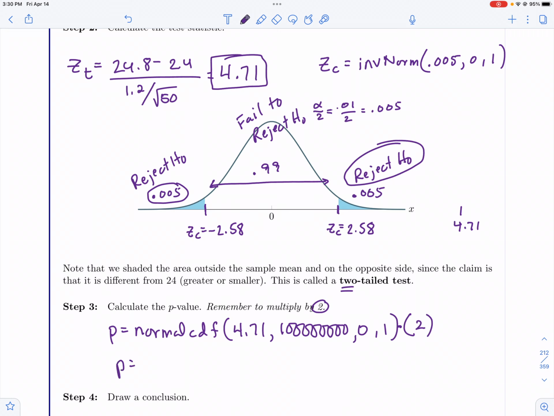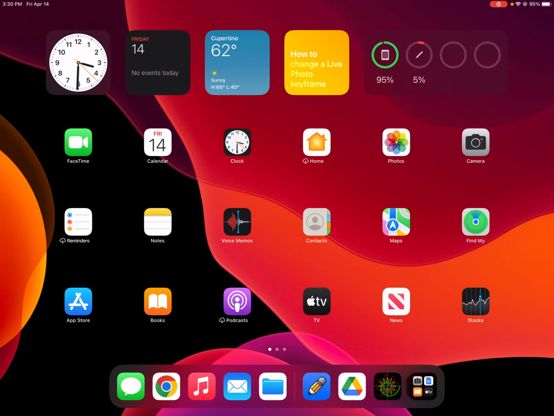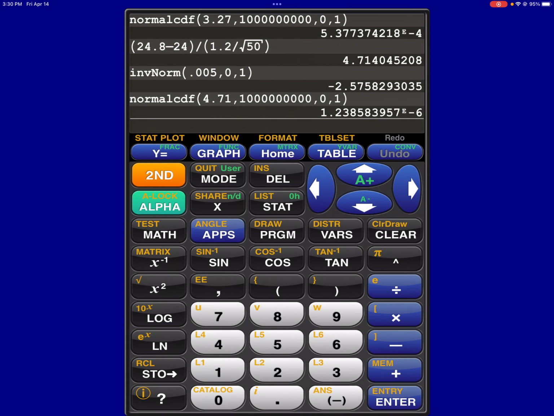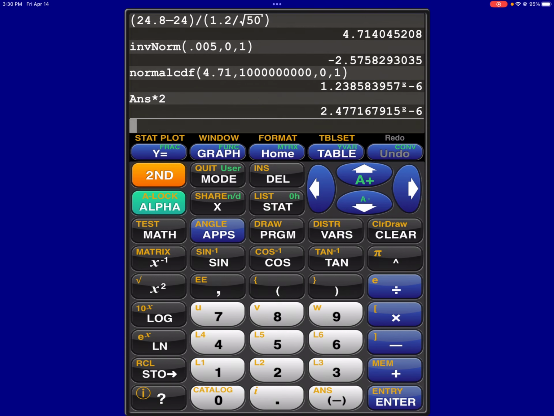All right, so throw this in the calculator and see what we get. So I'm going to do normal CDF, 4.71, comma, some ridiculously big number, comma 0, comma 1. That's already small as it is, so this looks good, but now let's go ahead and multiply by 2. And so now we've got 2.48 E to the negative 6.